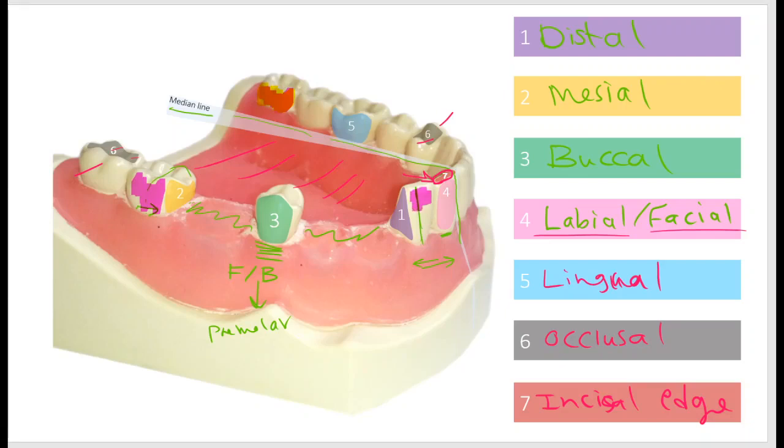How about this? This is facial or labial because it's an anterior tooth. How about this? That is a lingual surface because it's towards the tongue, and so on. This is really important to study and understand, and you have these empty on your PowerPoint, so you can always practice with these.